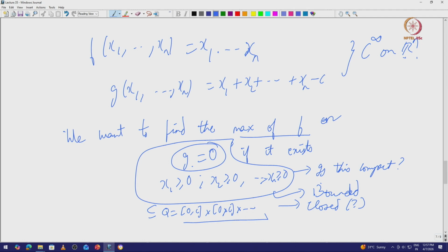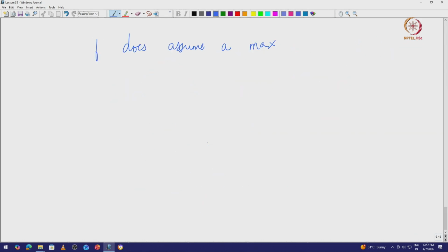Okay, right, on Q subject to G equals 0. So there are two possibilities.